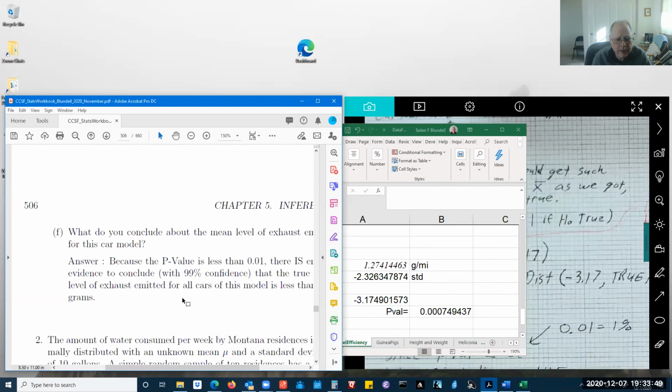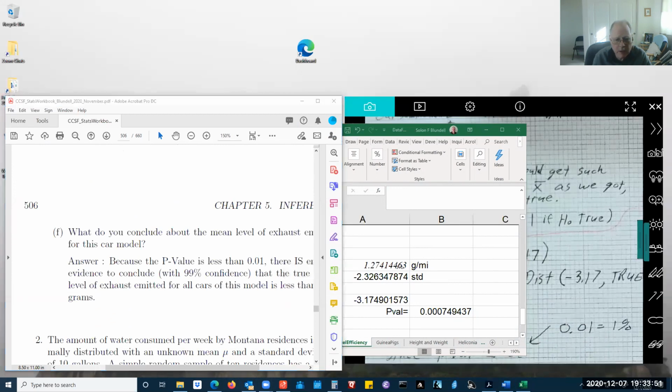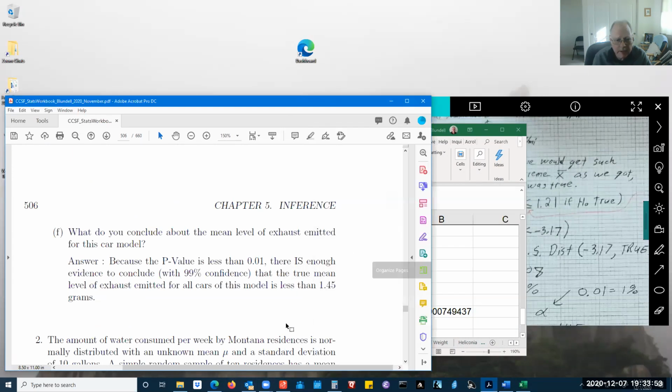And I wrote out the answer here in the workbook already because the wording is really important. There is enough evidence to reject the hypothesis that the true mean is 1.45 in favor of the hypothesis that it's less than 1.45.